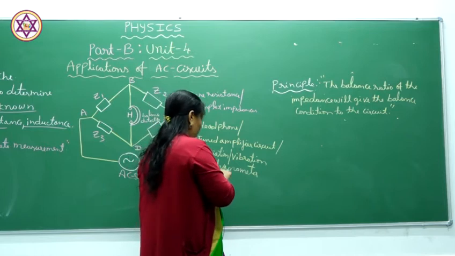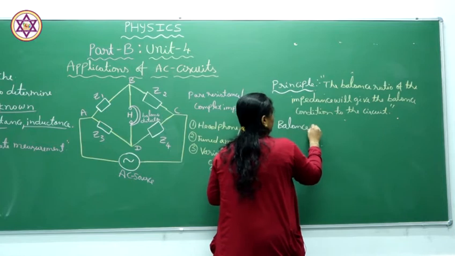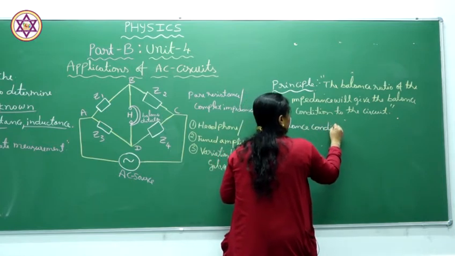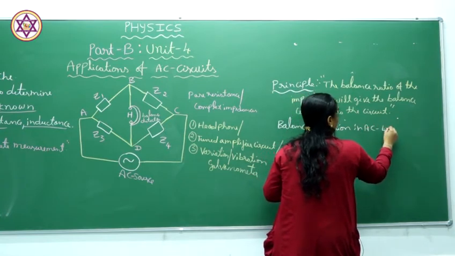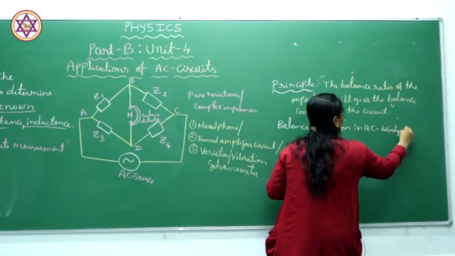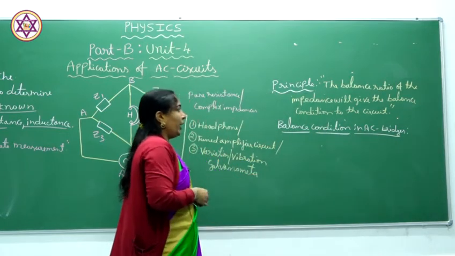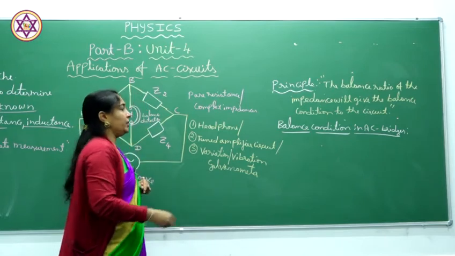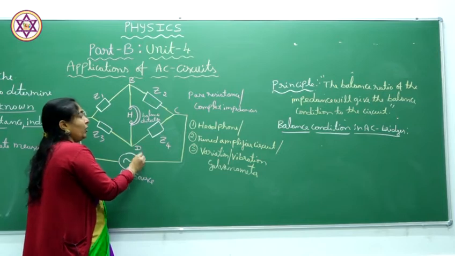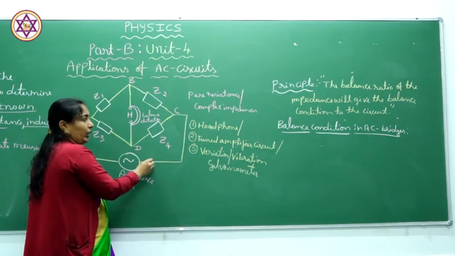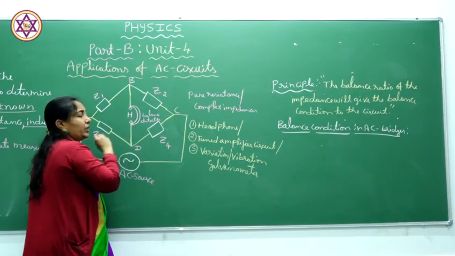Now, what is the balance condition in AC bridges? If the bridge is in balance condition, then no current flows through the coil. That means the potential difference across the galvanometer is 0.